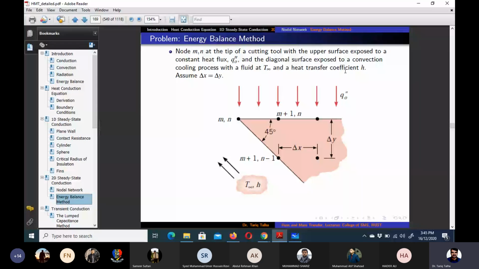Now assuming uniform grid, which is delta x equal to delta y, derive the nodal finite difference equation at node Mn assuming steady state heat conduction.